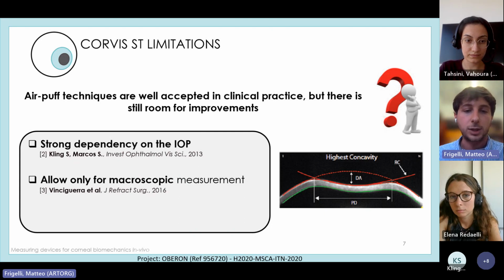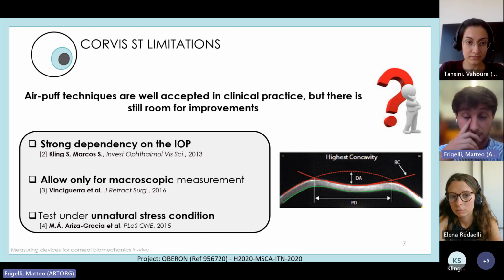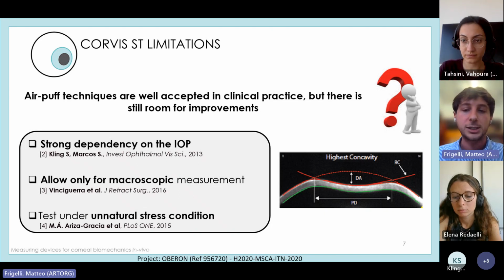And the last one, but probably the most significant limitation of this technique, is that by its nature, it tests the cornea under non-physiological stress conditions, meaning that when the air puff pushes the cornea inwards, the collagen fibers are not under tension like they are in the normal, physiological condition of the cornea.